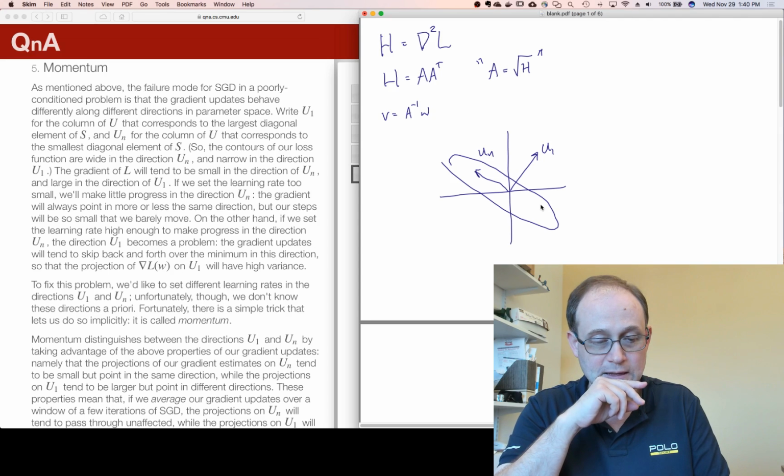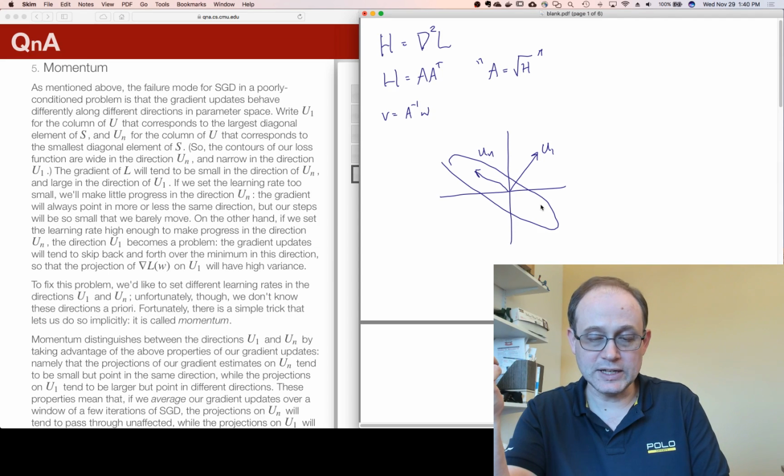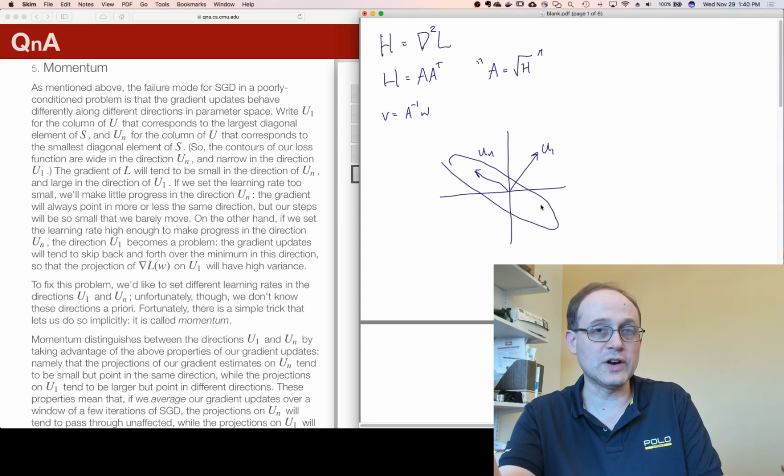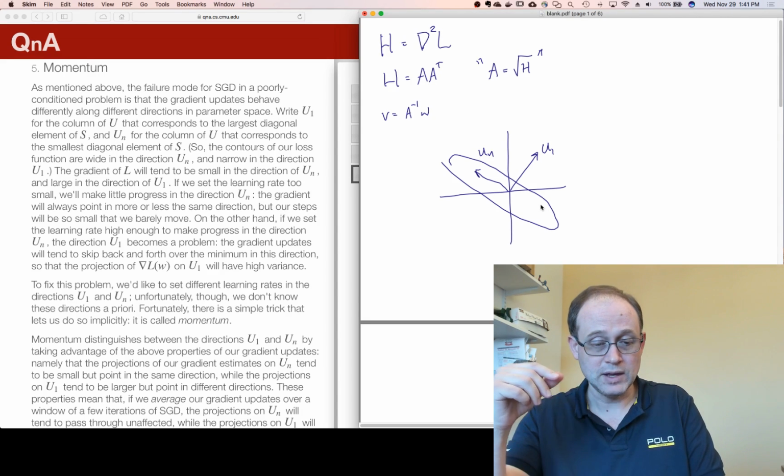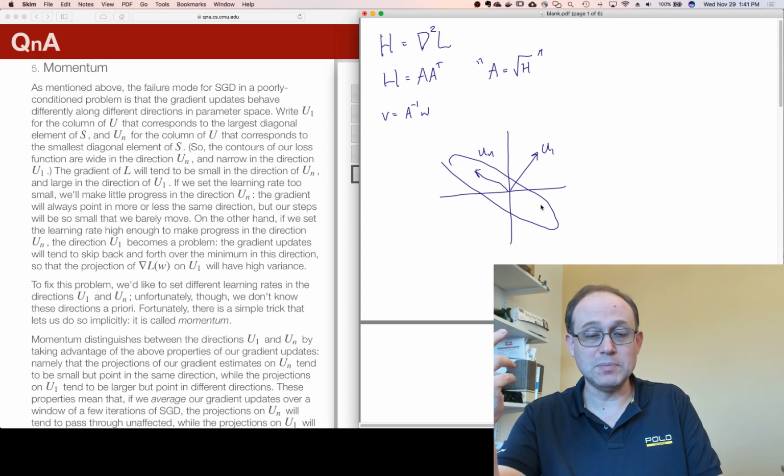What we would really like to do is set different learning rates in the directions U1 and UN, but the problem is we don't know directions U1 and UN to start off with, so we can't do that. But what momentum does is it gets more or less the same effect without having to worry about it.